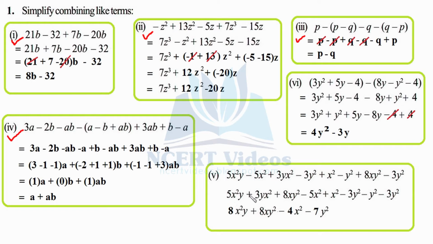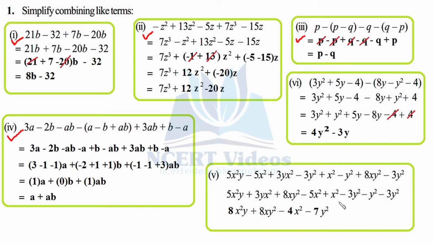So 5 plus 3 is 8 x squared y. These are not like terms. They are different, because here we have only one x and we have two y's. Here we have 2x, 1y, that makes a difference. We don't have any such term, therefore we write it plus 8y squared.